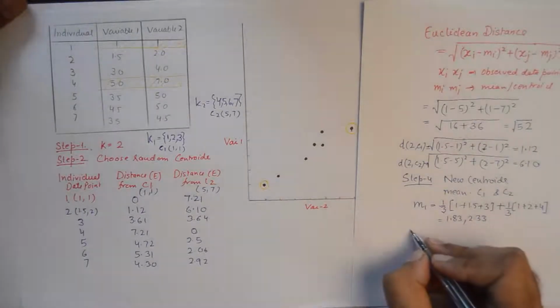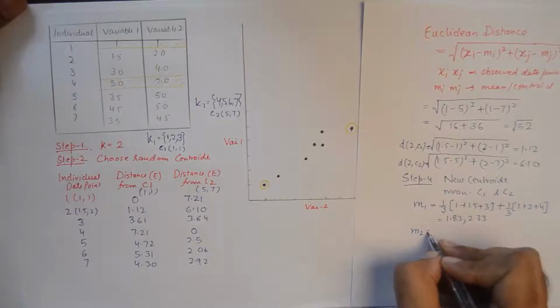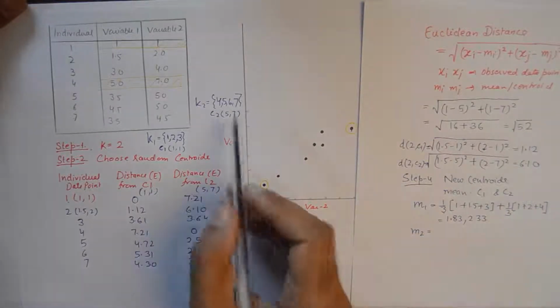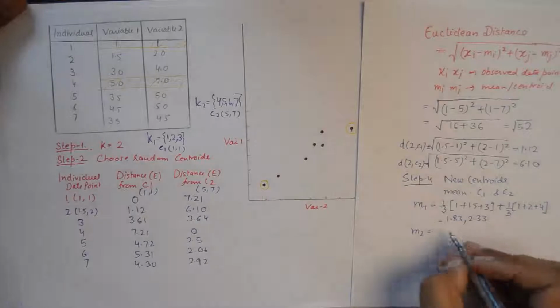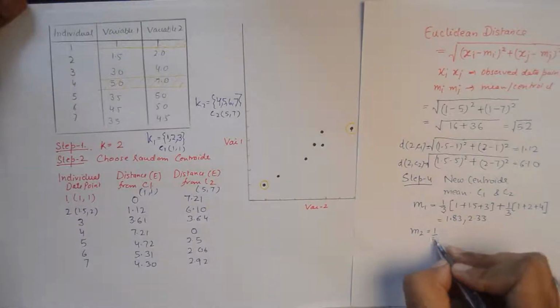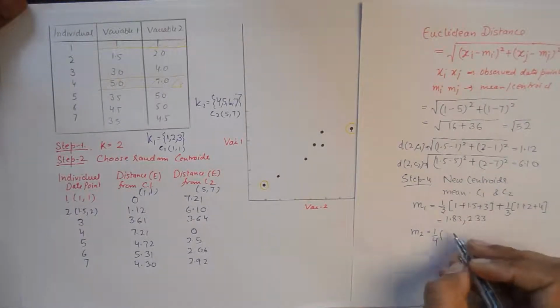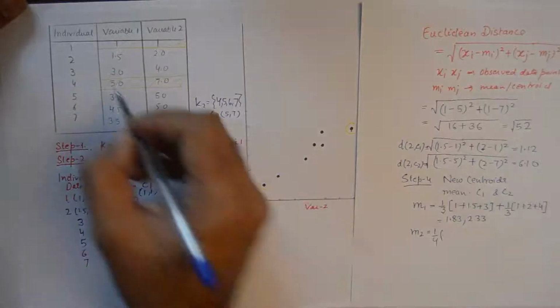And similarly, to calculate centroid 2, which consists of 4 data points, we are going to add up the coordinates of those data points.